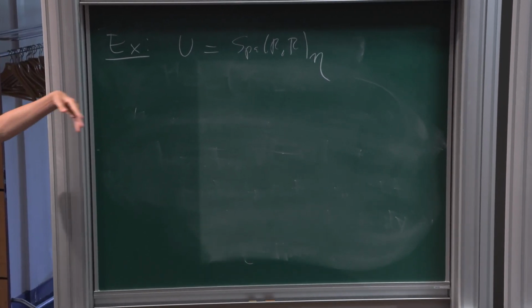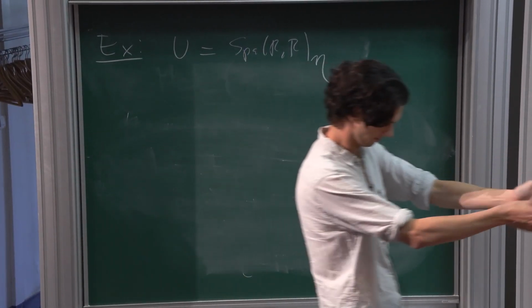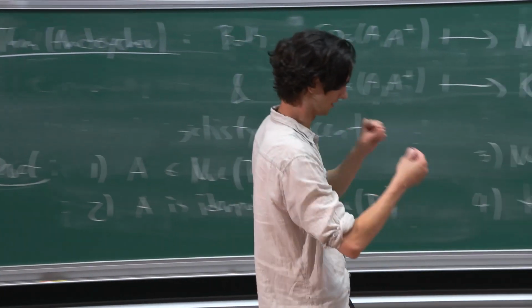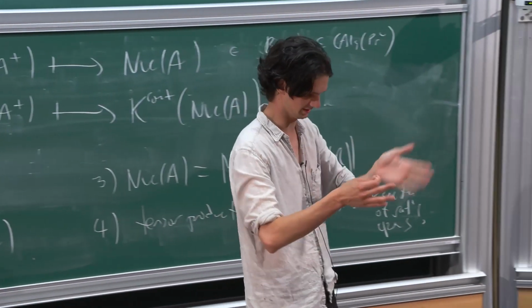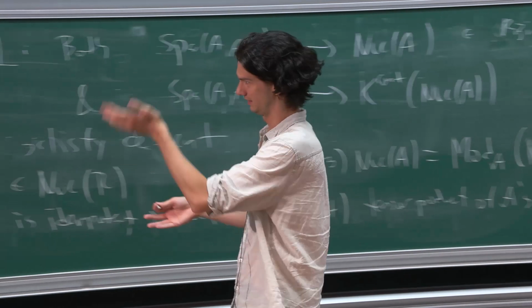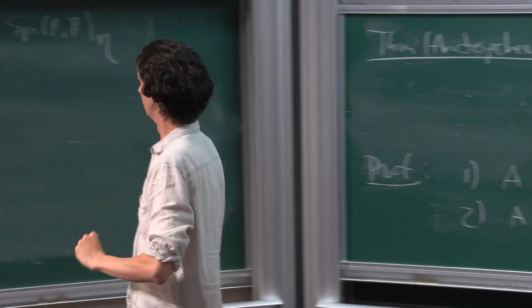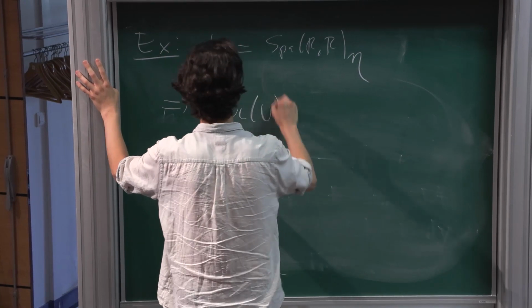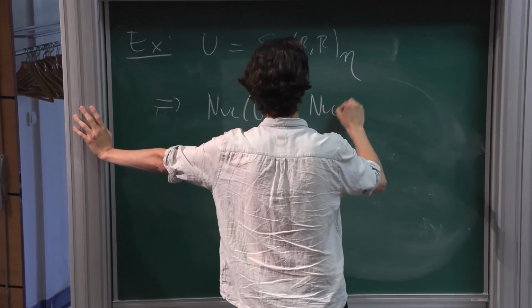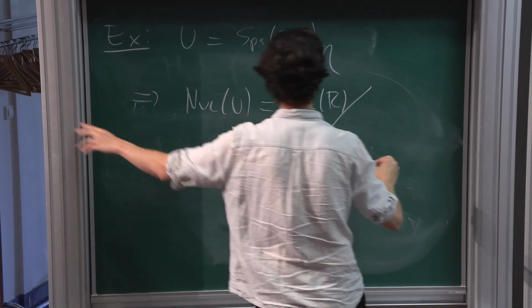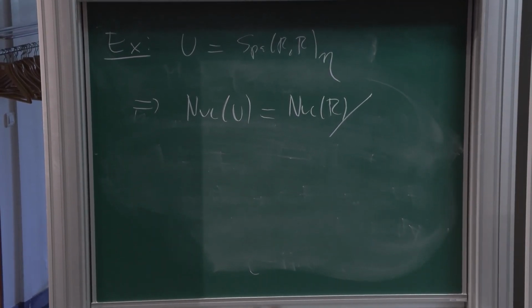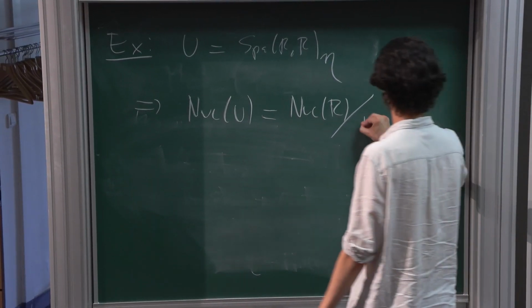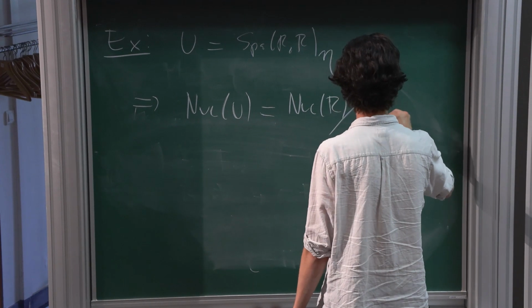So if R is a formal scheme given by completing along some ideal, and then you kind of puncture at the ideal you completed along, and this is something you can do in the world of adic spaces, then nuke U is just the quotient of nuke R by the full subcategory of I torsion modules, I power torsion modules.